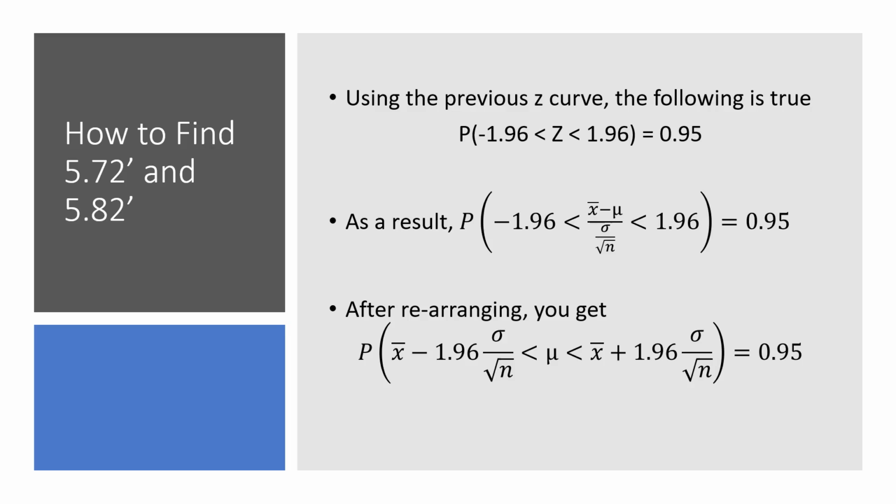So basically, you have your population mean right in the middle of the lower bound and the upper bound of your confidence interval.